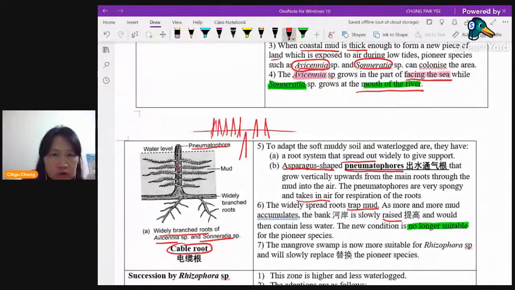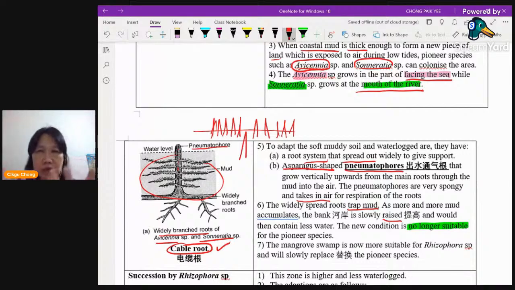It's not easy to walk there, you'll get hurt stepping on them. These are called pneumatophores. They take in air, helping the plant take in oxygen. They also have underground cable roots, which help support the plant from toppling over.